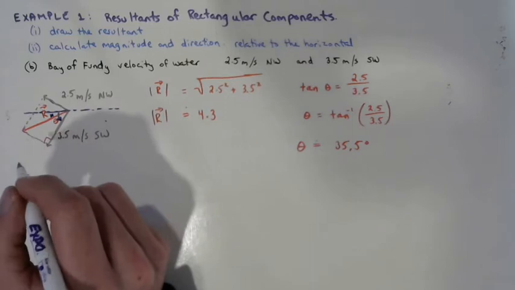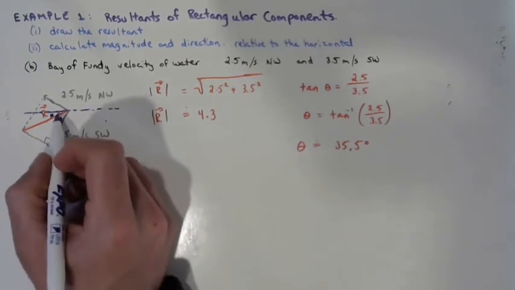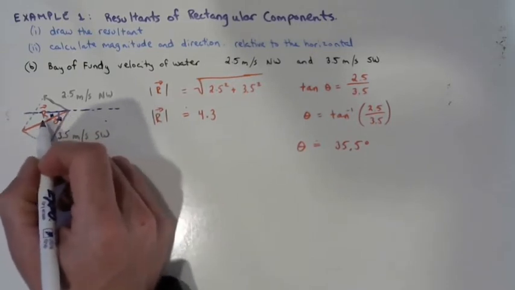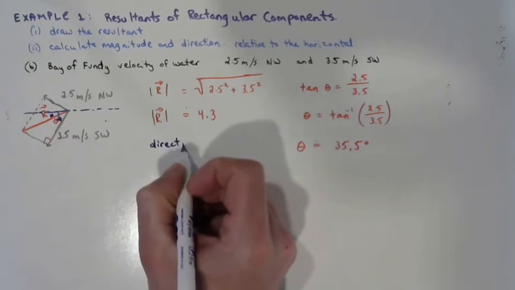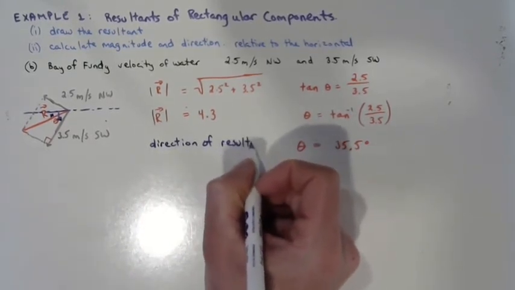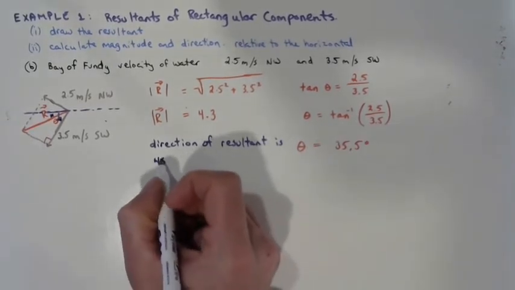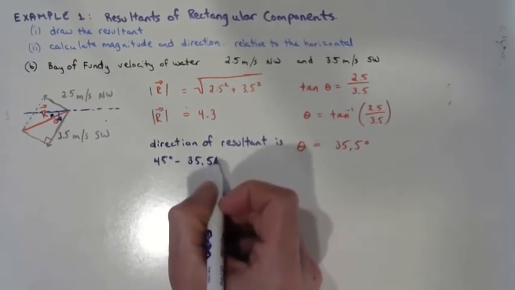Since this 3.5 meters per second vector is 45 degrees below the horizontal, then the direction of our resultant is 45 degrees minus 35.5 degrees.